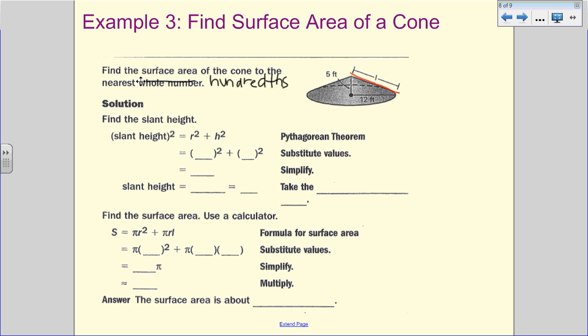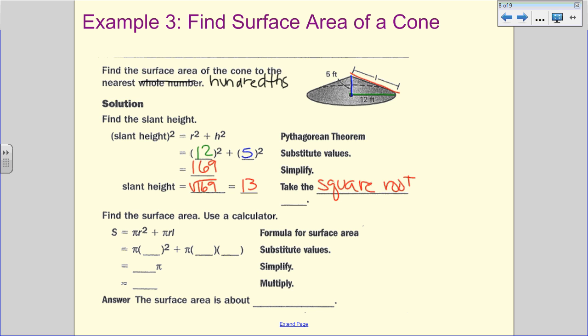So we know the slant height is going to be the radius squared, which is 12, plus the height, which is 5 squared. So 12 squared plus 5 squared is 169. We've got to take the square root. And so the square root of 169 is 13. So we have a slant height of 13.